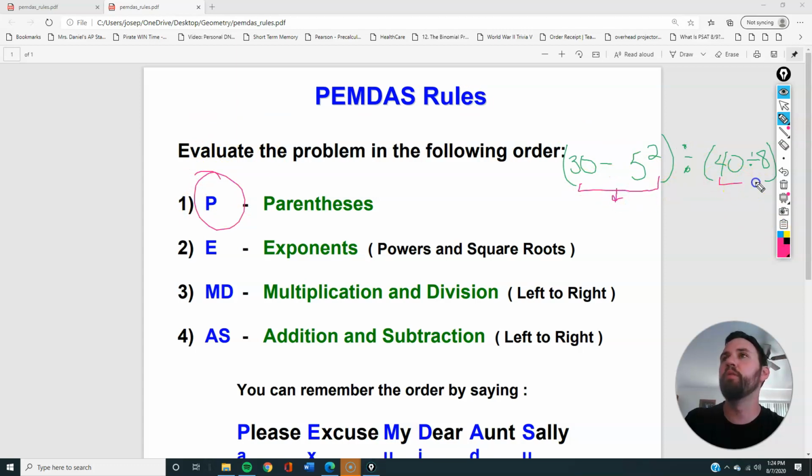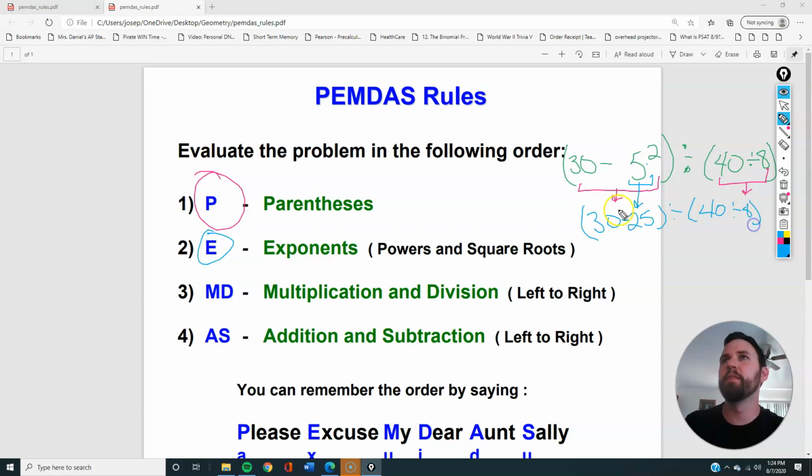So I have to do these both independently of each other. Now within this parentheses, let's go through my order. Do I have exponents? Yes. I have 5 squared. 5 squared is 25. So with 30 minus 25 divided by, it's still 40 divided by 8.